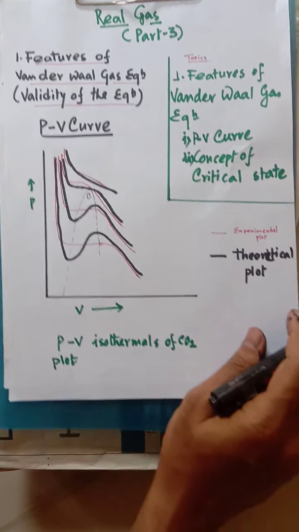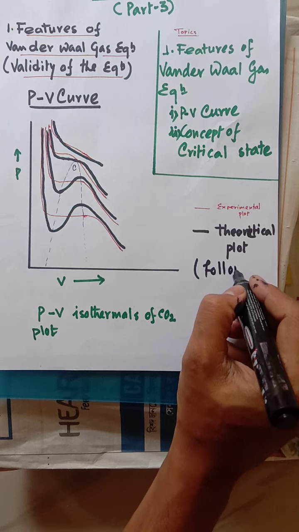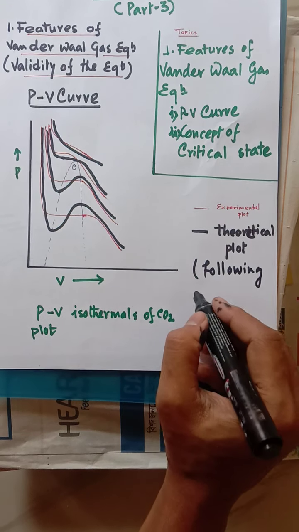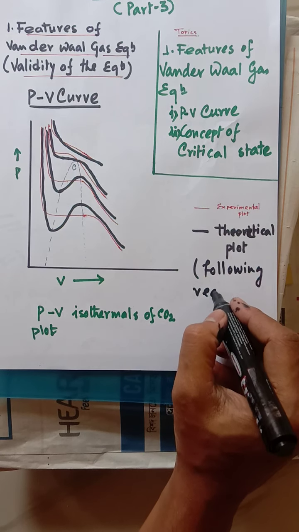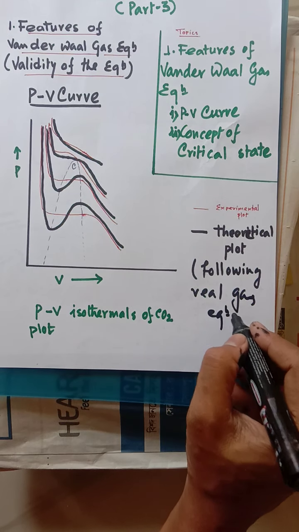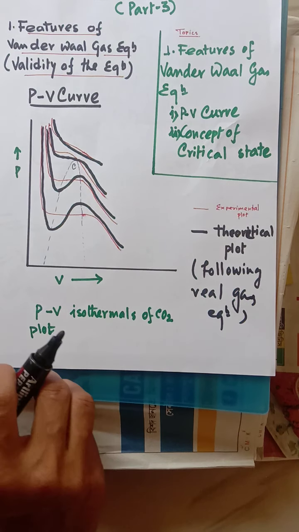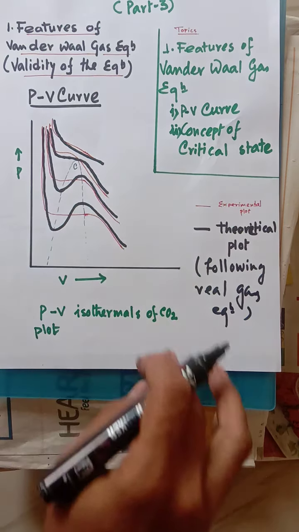Theoretical plot means following the real gas equation, that is the van der Waals gas equation. If we follow the van der Waals gas equation, then we get this type of curve.